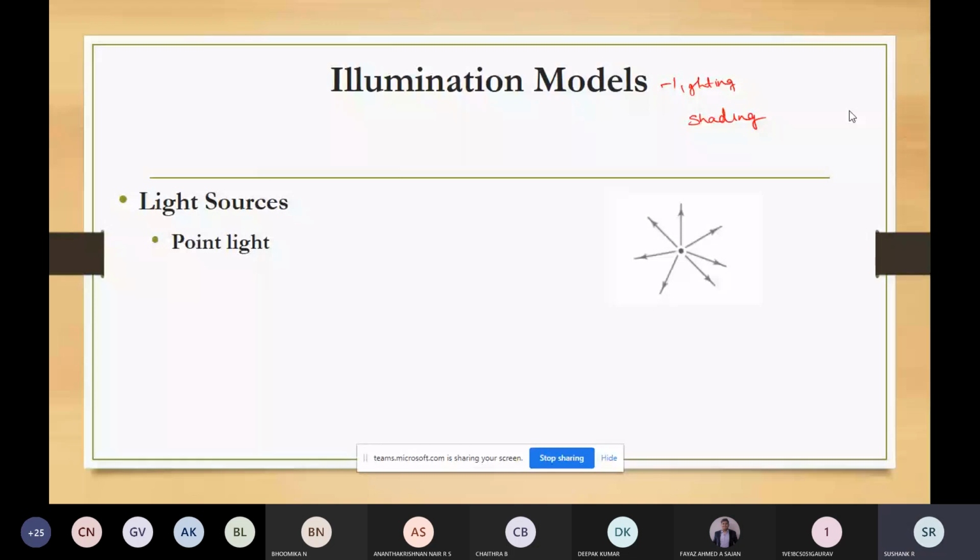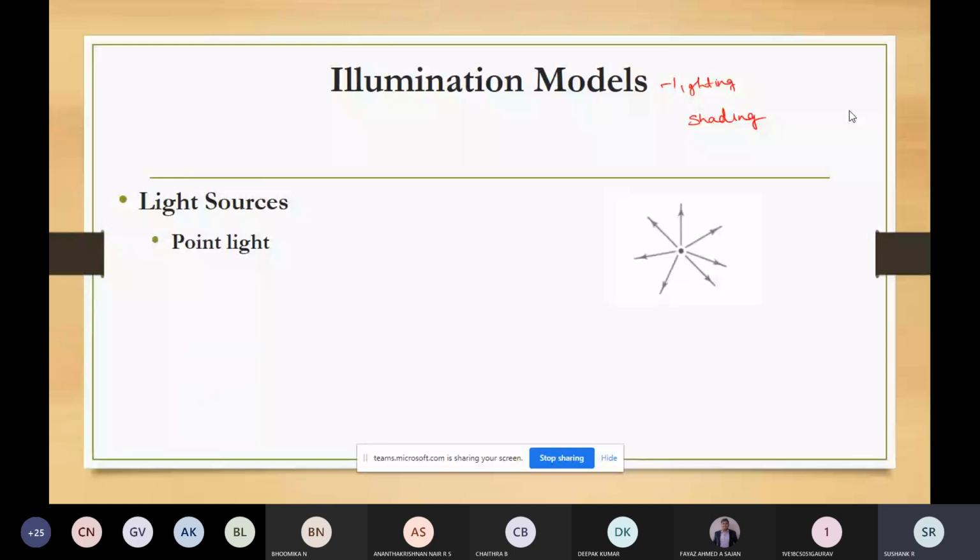And if you're writing a function for applying that lighting model to obtain the pixel color for all the surfaces, we will use the term surface rendering. So, surface rendering and illumination model, these two terms we should keep in mind. What is an illumination model?